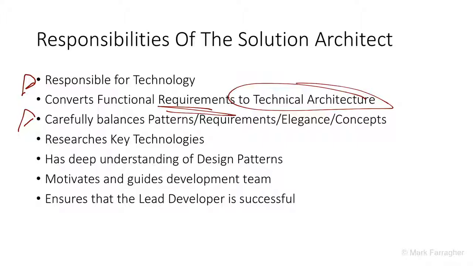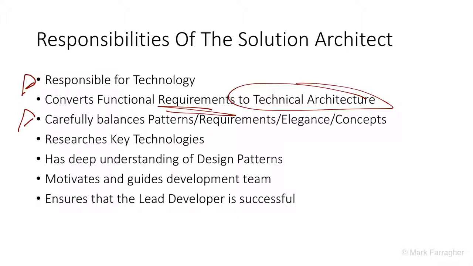Quite often it will be difficult to adhere to all the functional requirements with a simple technical solution. And there are often trade-offs to be made. So the architect really needs to do this balancing act of trying to make as many people as possible happy, while at the same time delivering a kick-ass technical infrastructure. And it's a difficult job.